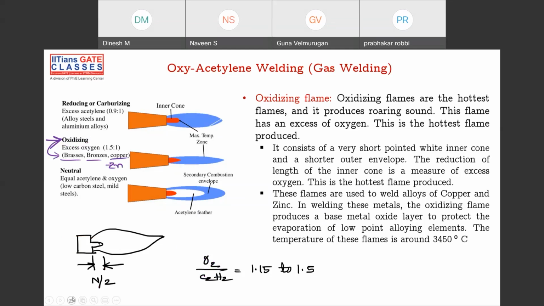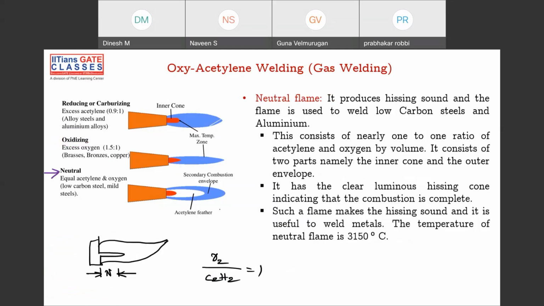Okay, fine. Next is the neutral flame. Here, if you see, the inner cone is in between. This inner cone length will be in between these two. So if you see the diagrams, let's assume that the inner cone length of the neutral flame is n.